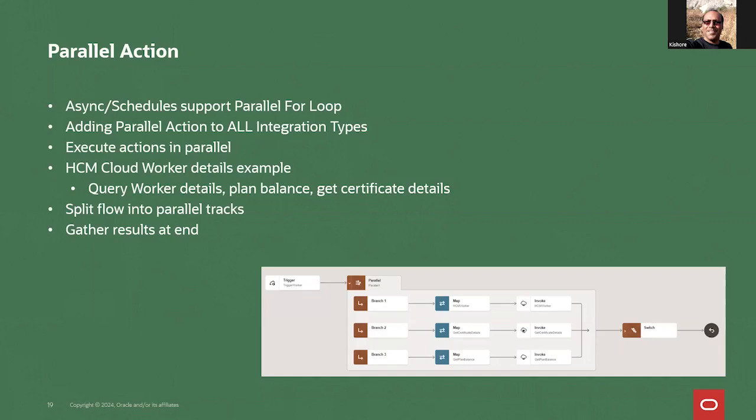So this really helps you design your integrations for mutually exclusive invocations, right? That's exactly where parallel actions really help. And all the different actions that you see in the integration canvas can be used in the parallel actions as well, in a particular branch.